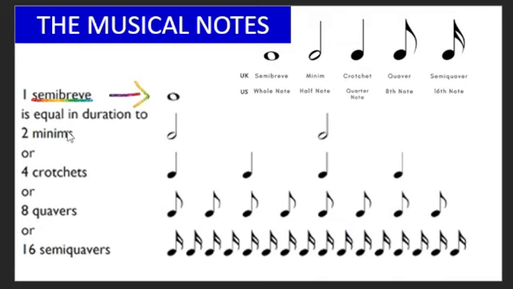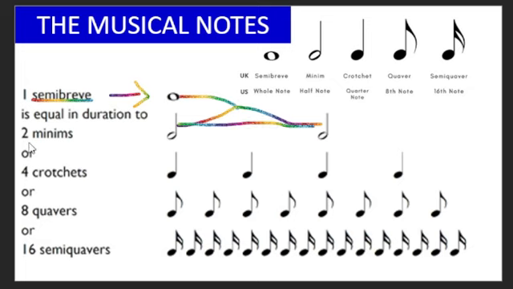Now the minim: 2 minims make one semibreve. Here is 1 minim, another minim. So this will make a semibreve.